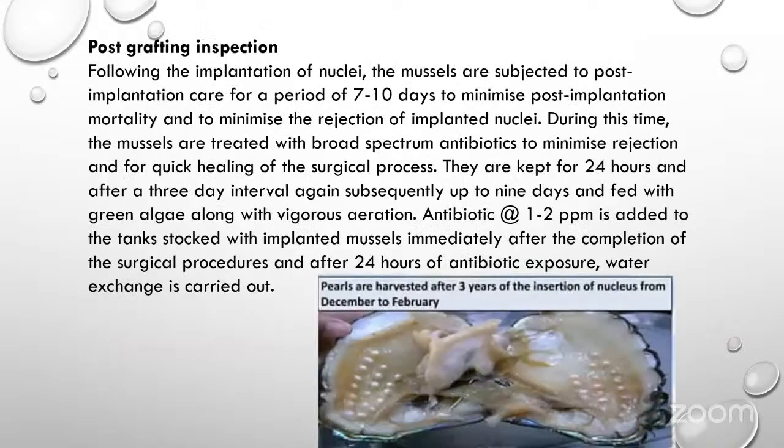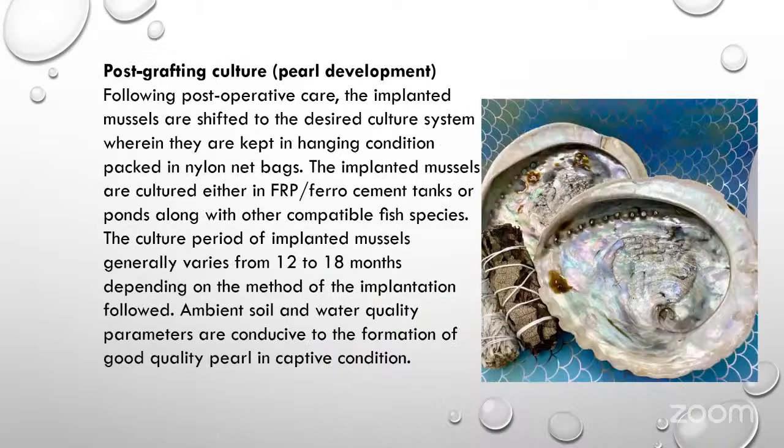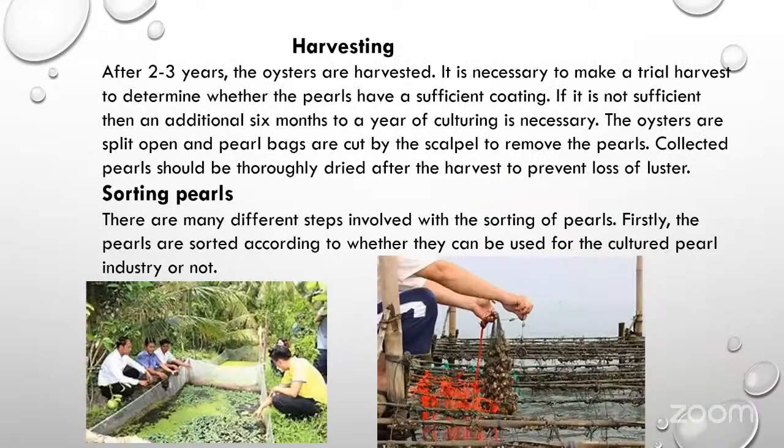Then post-grafting inspection after the surgery, what precautions are to be taken, how they should be taken care of, what type of food should be given, what type of antibiotics should be used so that the pearls don't spill the nucleus that we have inserted into that body. Then post-grafting culture, how the pearls develop. Then how to harvest the pearls.